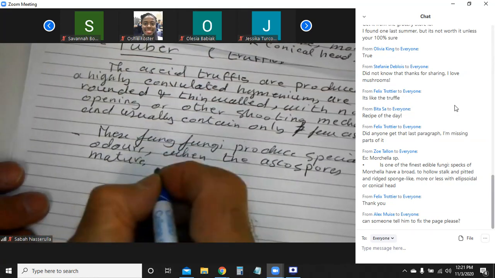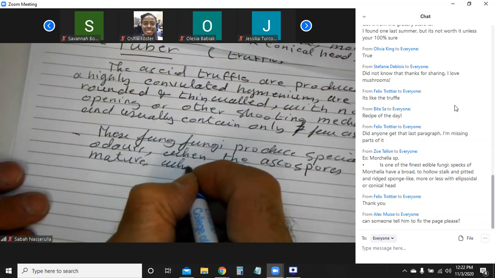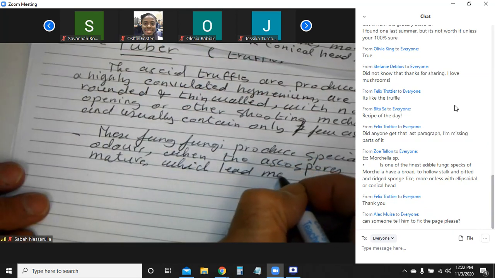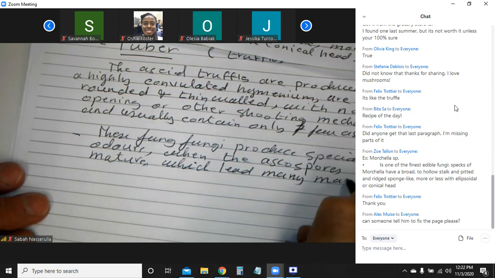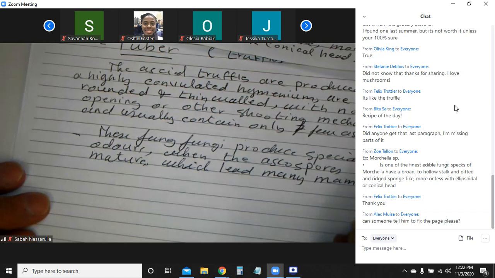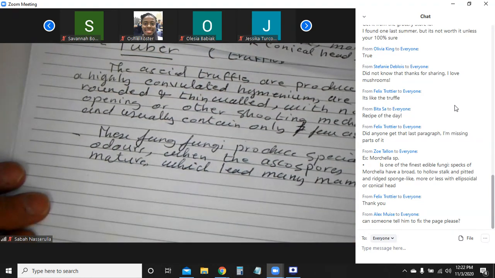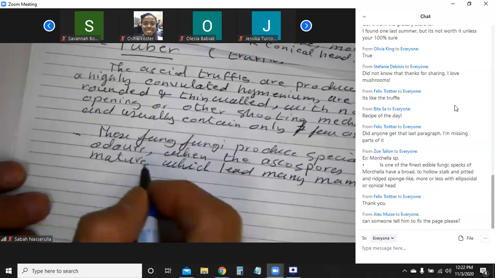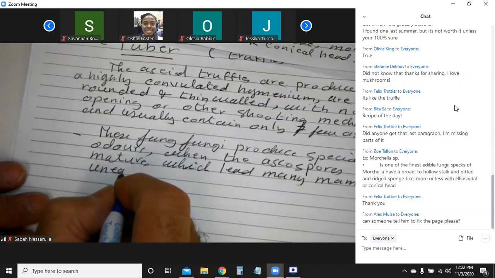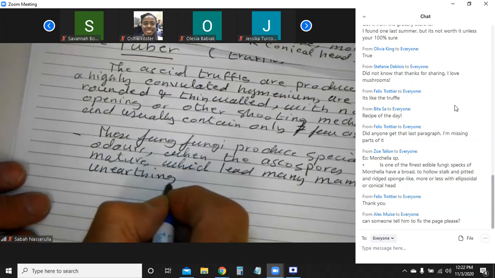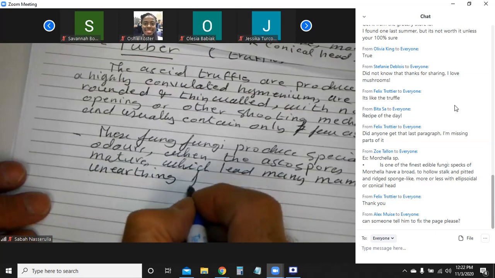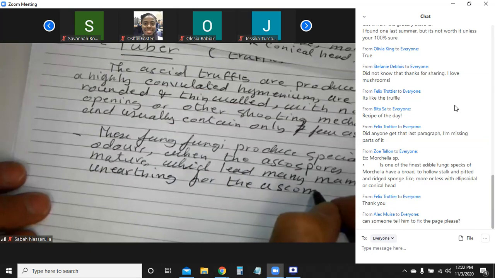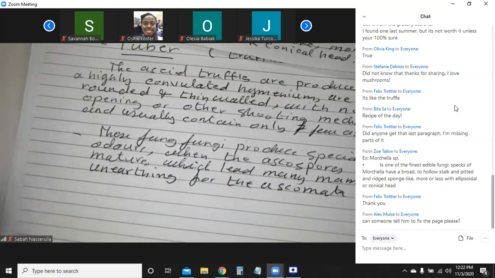Okay, that odor leads many mammals to unearthing the ascomata. And of course, by doing this, they are getting it, okay?